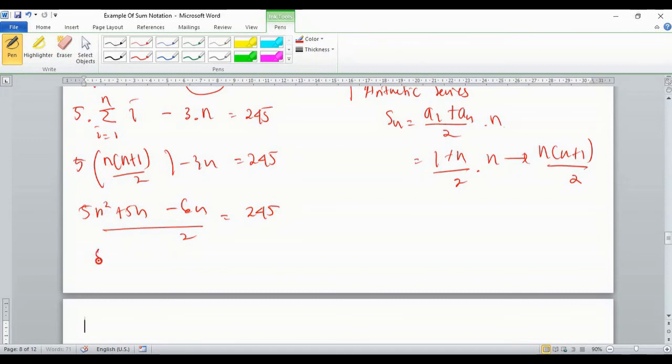So from here 5n squared minus n minus 490 equals 0. I move this space. So from here you need to factorize them. Okay, so 5n is, n equals 0.